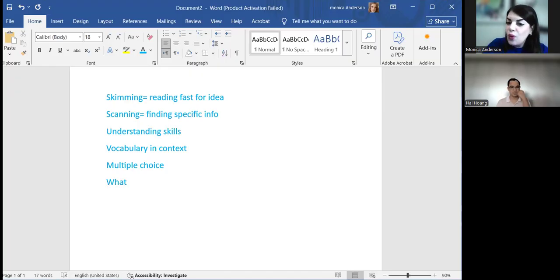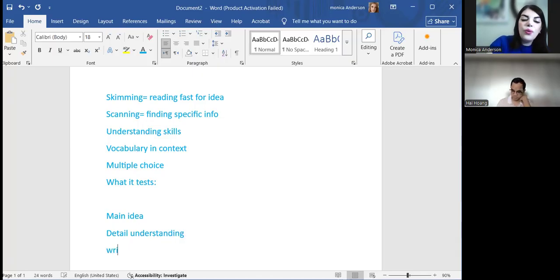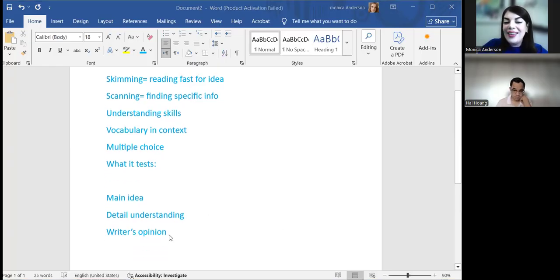So in multiple choice questions, what does it test? The first one, as I told you, main idea, detail, understanding, and writer's opinion. This one is really important. So, and options are similar, so it's a little bit challenging.